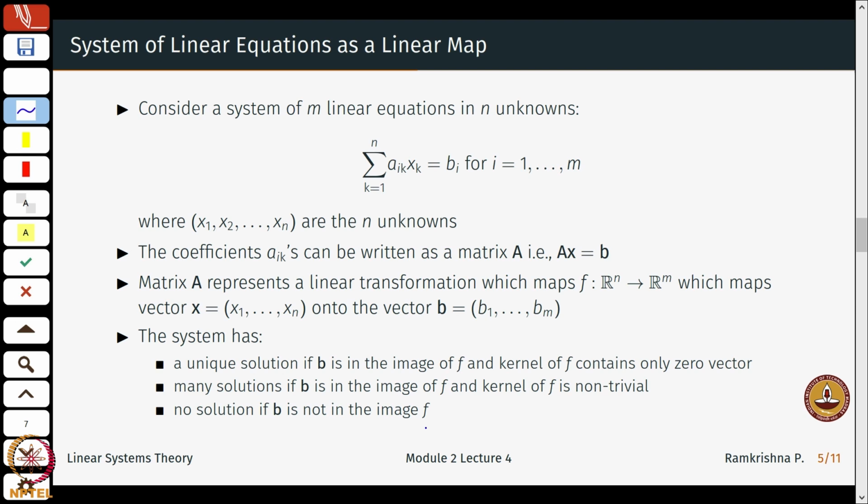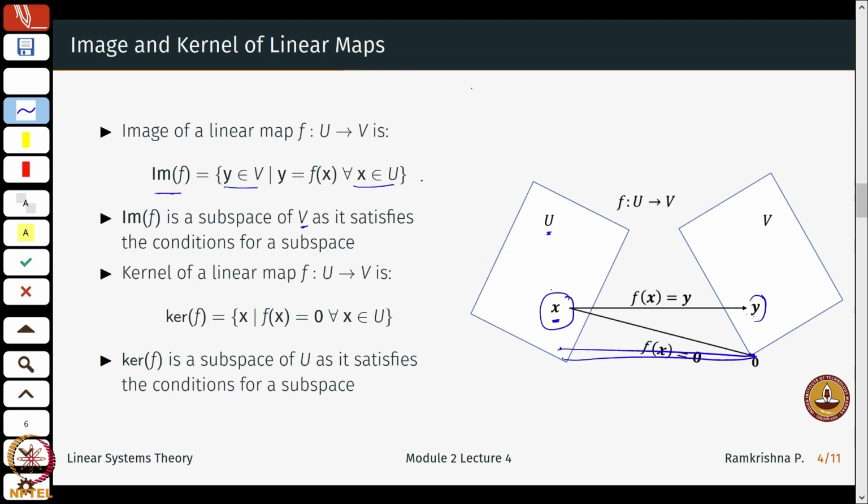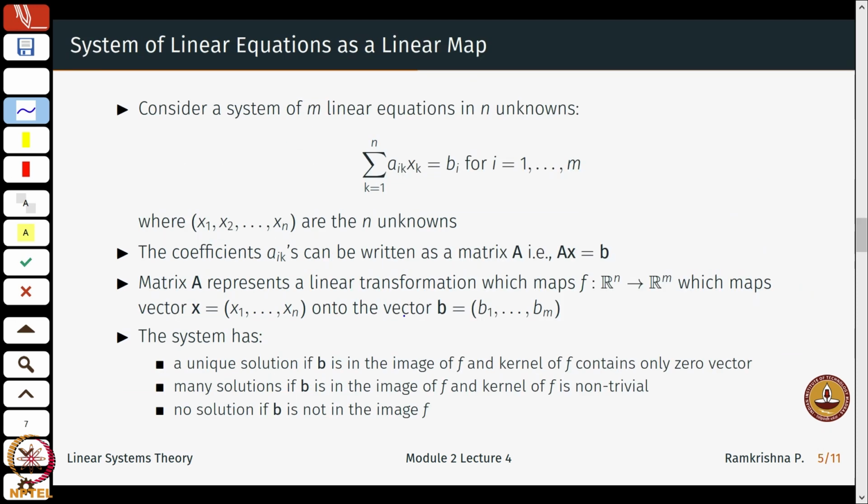What are the properties, or are there any applications of defining the image and a kernel? Let us start with a system of m equations. Let us say that x belongs to some space U, b belongs to some space V, and A defines the linear transformation.